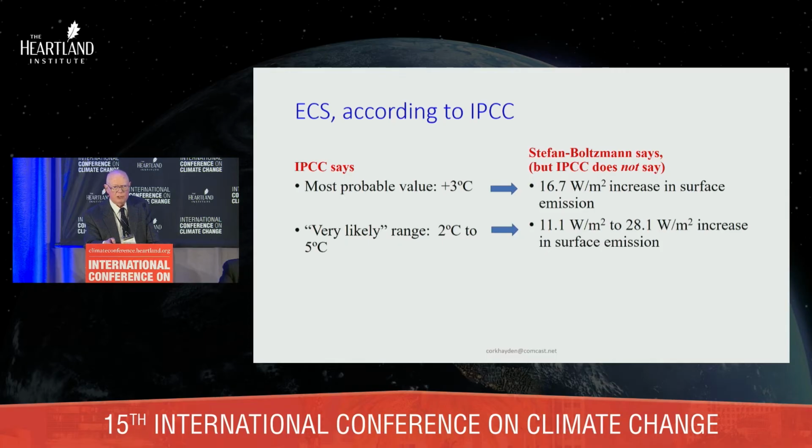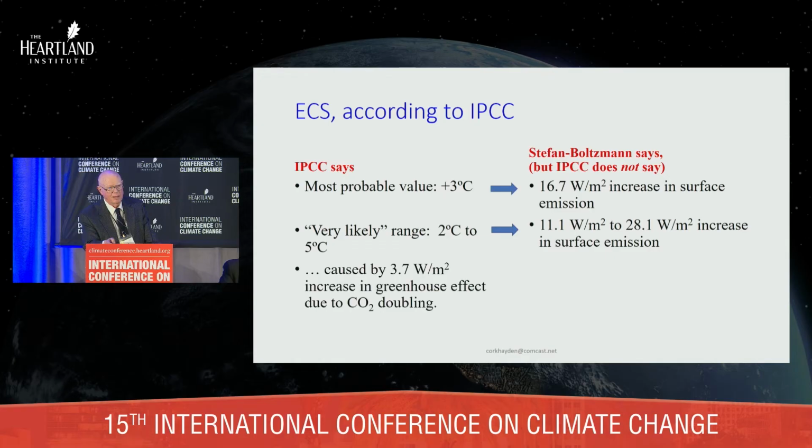And that would give us 11.1 to 28.1 watts per square meter increase in surface emission, caused by 3.7 watts per square meter increase in the greenhouse effect due to CO2 doubling. Remember the right-hand side of that equation? Those two changes are supposed to be identical.